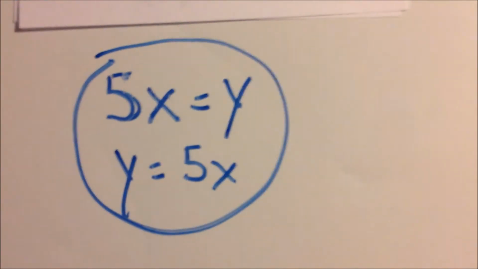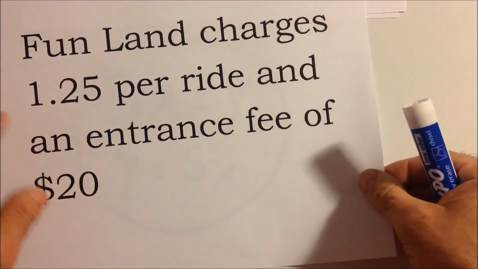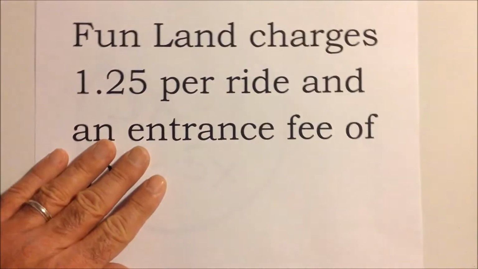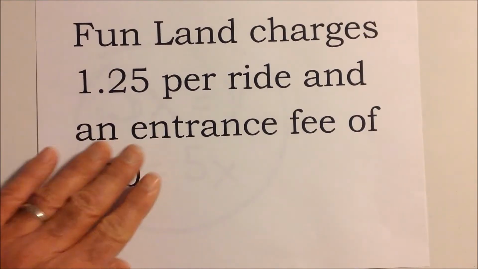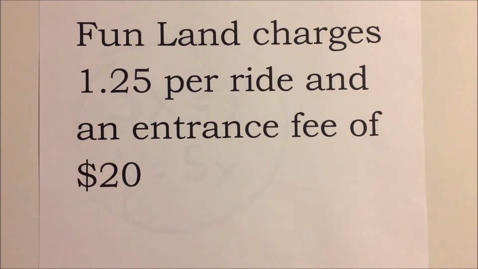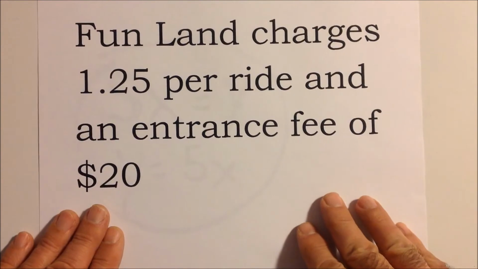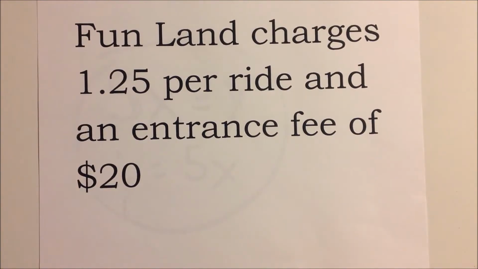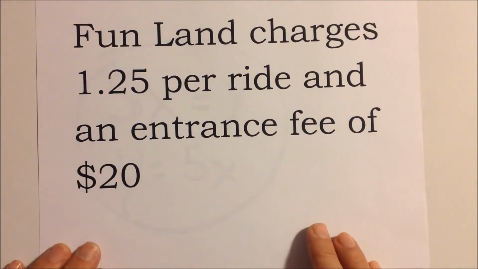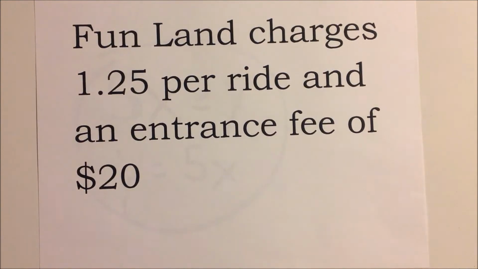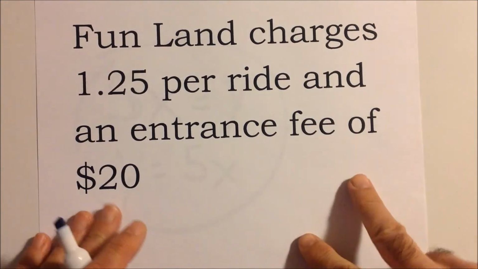Find the rule. Okay, here's a word problem here. Funland charges $1.25 per ride and an entrance fee of $20. How can we make an equation based on that? What is the x and what is the y? Okay, well, let's look at it.